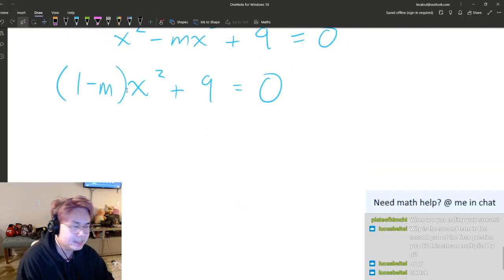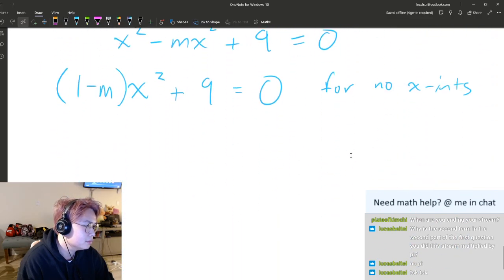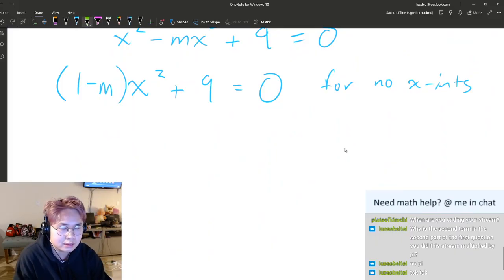Okay, and then you can see we want to solve this quadratic equation for no x-intercepts, which is essentially the same as saying no intersection points. And so, well, we just use the discriminant.